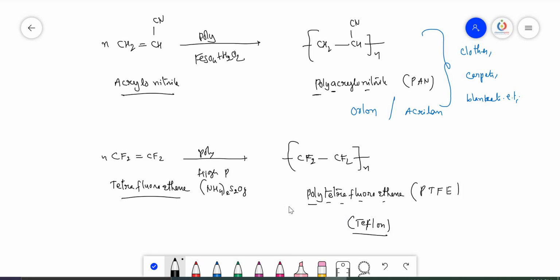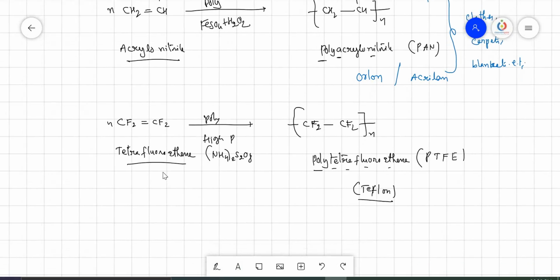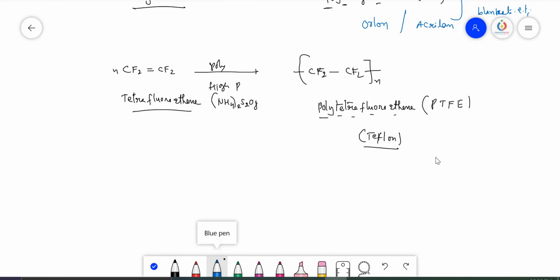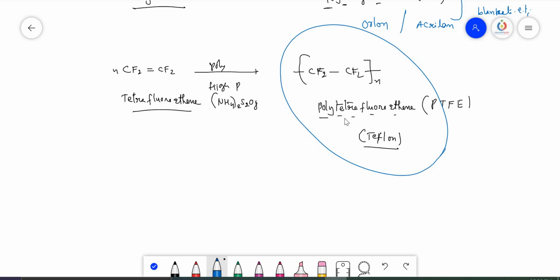Teflon coating, you might have seen on most of the utensils. Nowadays non-sticky coating materials are coming, and there they mention Teflon coating. That Teflon coating formula is this one. This is the Teflon.